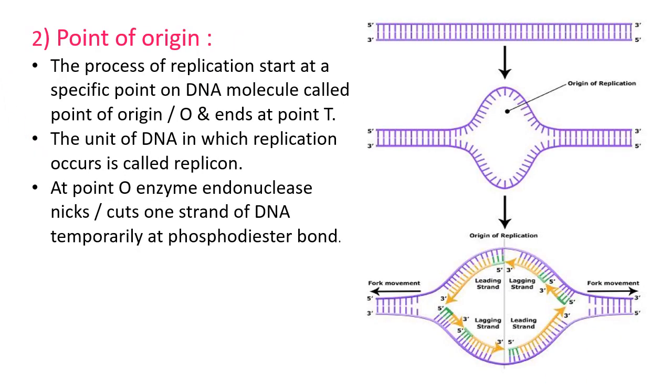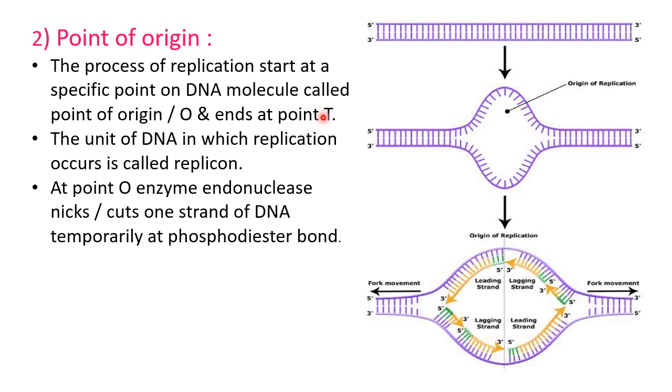Now the second important step in the process of replication is that the process starts at a specific point on a DNA molecule. It is called the point of origin, or the O point, and the process ends at a point called the T point, or termination point.